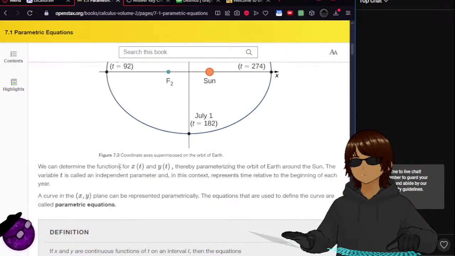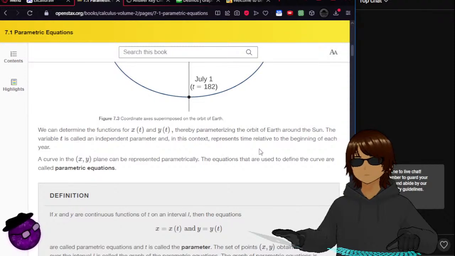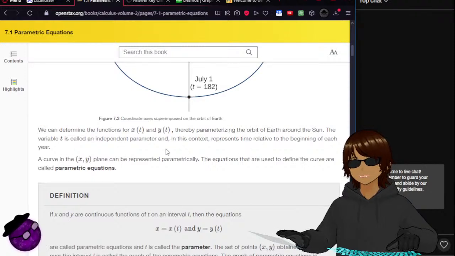We can determine the functions for x(t) and y(t), thereby parameterizing the orbit of the Earth around the Sun. The variable t is called an independent parameter and in this context represents time relative to the beginning of each year. A curve in the xy plane can be represented parametrically. The equations that are used to define the curve are called parametric equations.